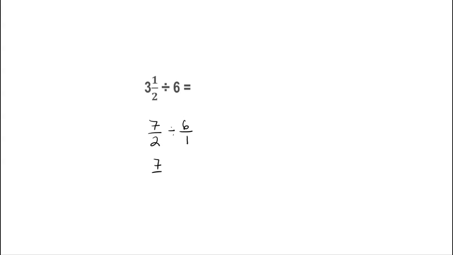Again, 7 over 2, we're going to keep the same. Division becomes multiplication, and again, we can either use the x or we can use a dot, and then 1 over 6. 7 times 1 is just 7. 2 times 6 gives me 12. So my answer is 7 over 12.